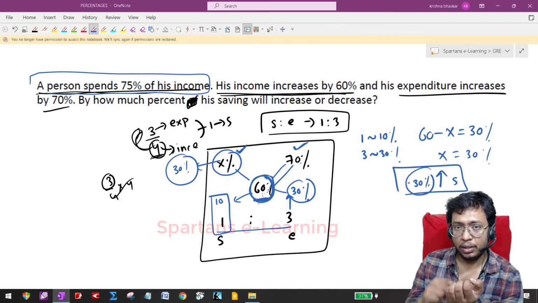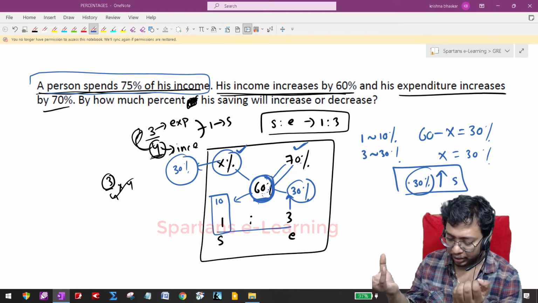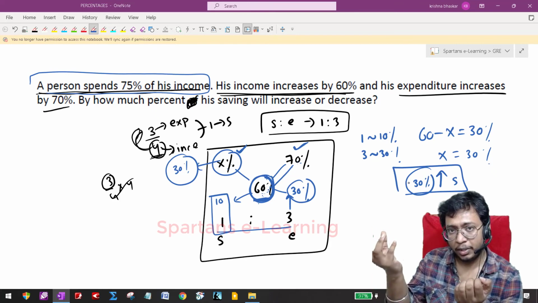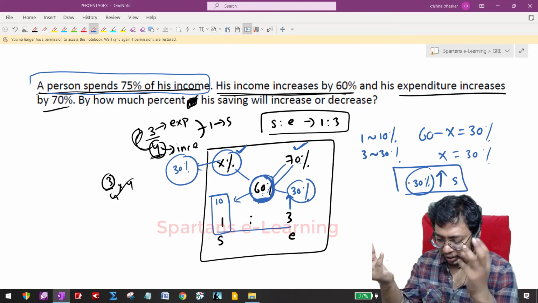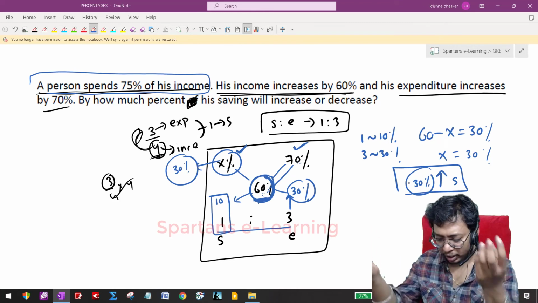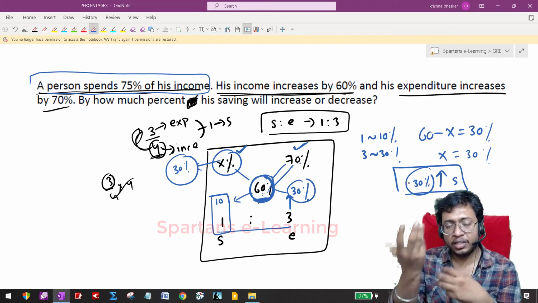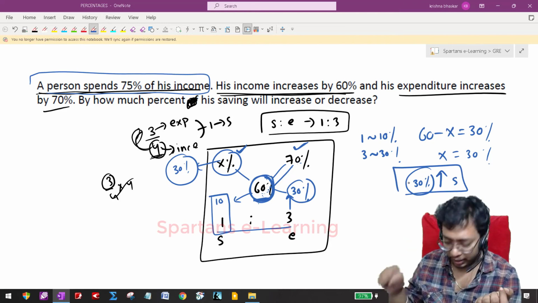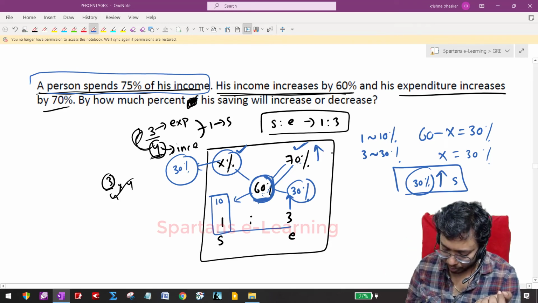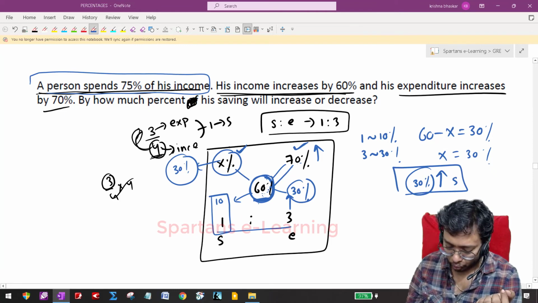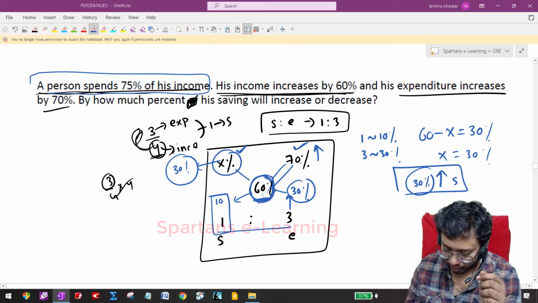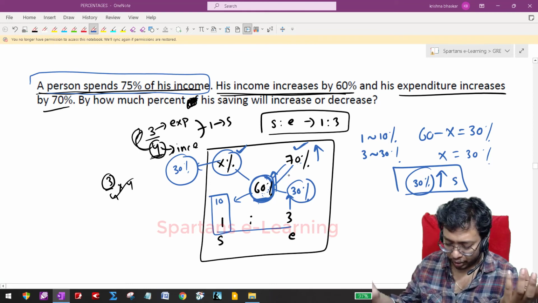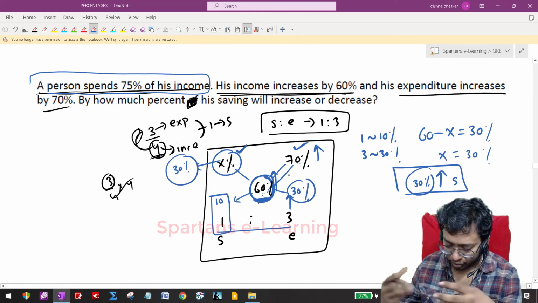You don't know this particular value, but the expenditure part he has given: expenditure is increasing by 70%, and because of this together with the savings percent change, your income is increasing by 60%. That is the easiest logic, right? Expenditure 70% increase, X% increase or decrease unknown, income increased by 60%. Clubbing together, you get savings to expenditure.